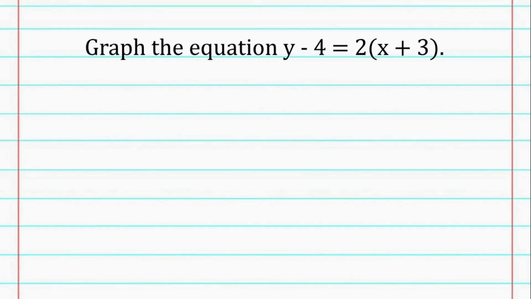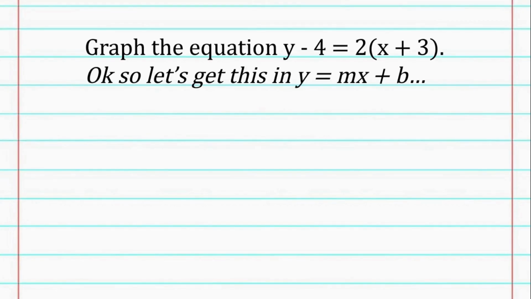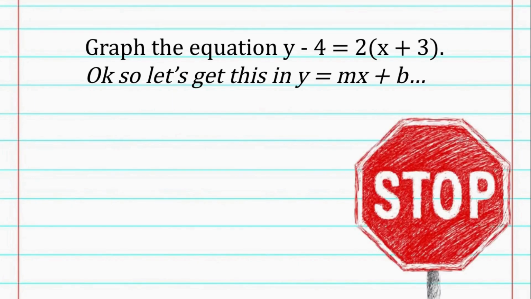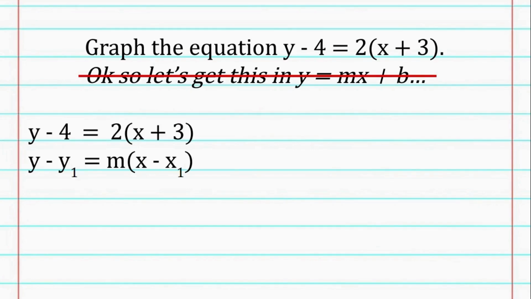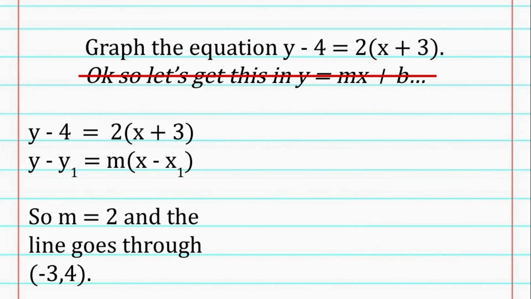Yeah. So what if we're told to graph this equation? Well, first we have to get it into, wait a second. That's not what this video is about. Let's use point slope form. We see that the slope is equal to 2, and that the line goes through the point negative 3, 4.